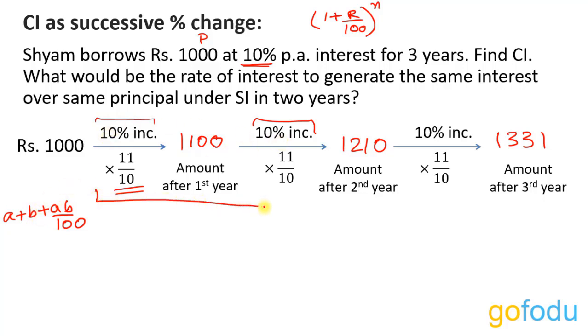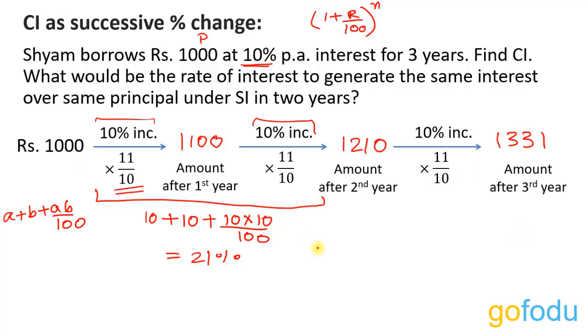So the equivalent percentage change for these two successive increments would be 10 plus 10 plus 10 into 10 upon 100. That would be 20 plus 1, 21%. So instead of incrementing by 10% successively, we could have straight away increased 1000 by 21% and got the same value.